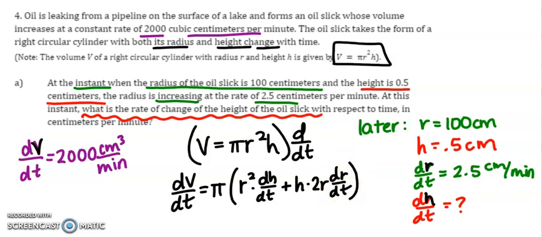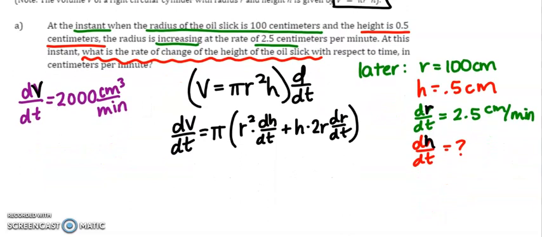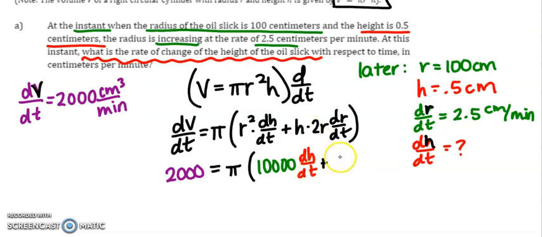Well, now it's later, so I can sub in all of my information. 2,000 is going to be equal to, pi is just hanging out, 100 squared is 100 times 100, so 10,000. dH/dt is what I'm looking for, plus H is 1/2, R is 100, and dR/dt is 2.5.